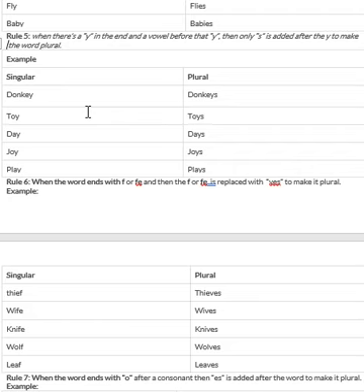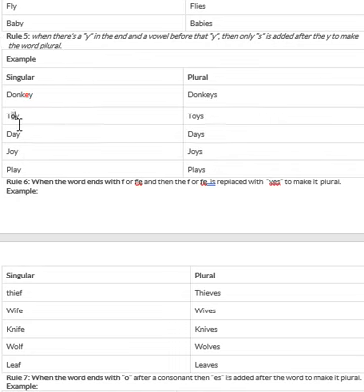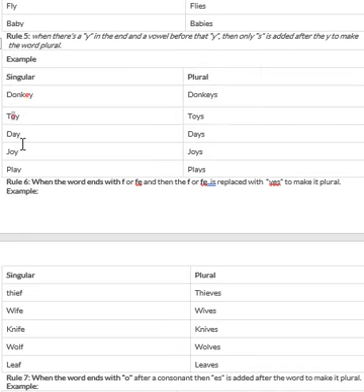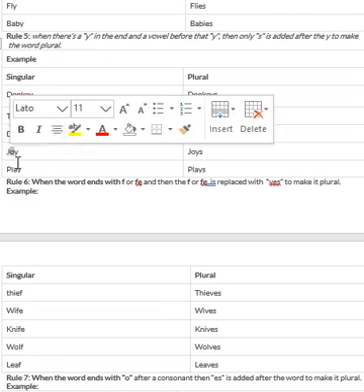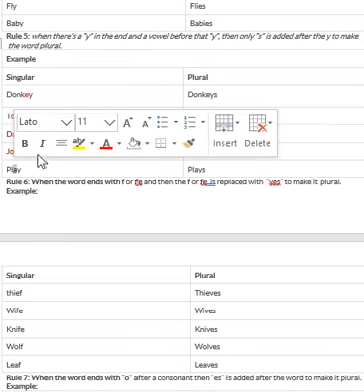Only S will make it plural. If the letter before y is a vowel, we will put only S to make the word plural. If there is a consonant before y, we will put ies to make the word plural.